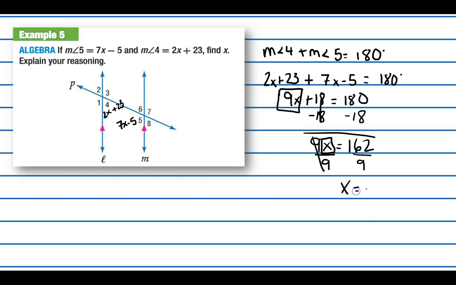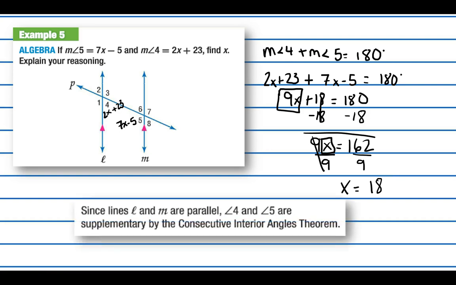X is equal to 18. So I've now found out what x is equal to. And we also know that since lines L and M are parallel and angle 4 and 5 are supplementary by the consecutive angles theorem, because of all that, I know x is equal to 18.